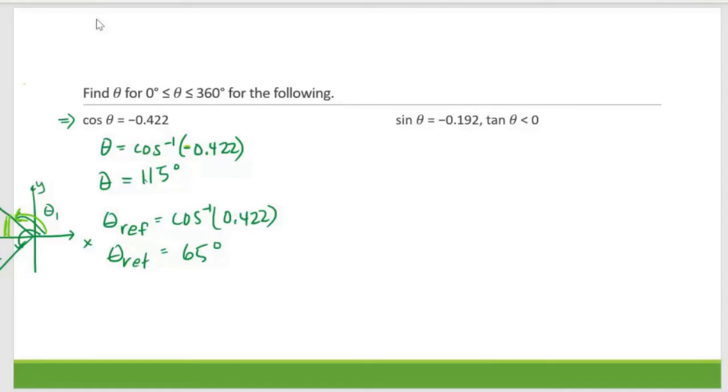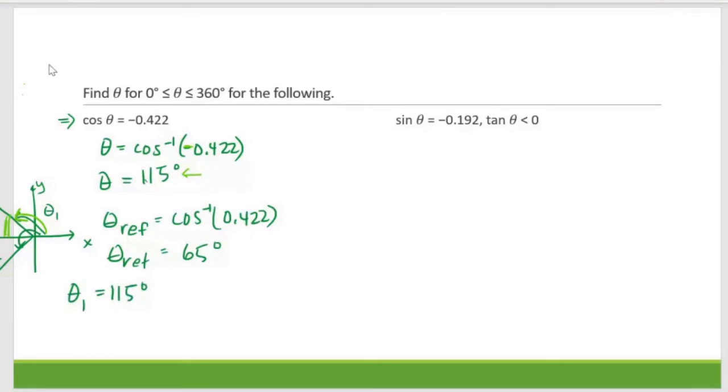So whether you use the negative or not doesn't really matter, but we have to be careful about interpreting the answer. If you use the negative 0.422, you're not given the reference angle. You're in fact given theta 1, the quadrant 2 angle. If you take the absolute value of 0.422 and take the inverse cosine of that positive number, you will end up with the reference angle. In any case, we know that theta 1 is 115 degrees.